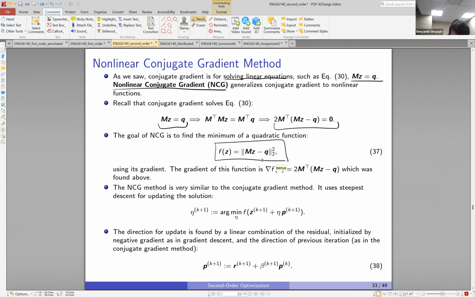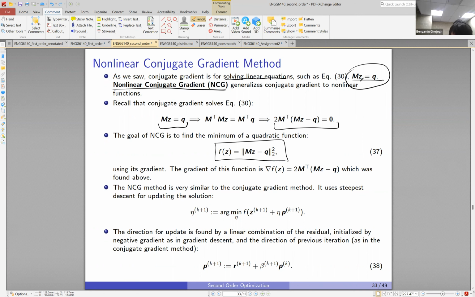So what we were doing in the linear conjugate gradient method was, we said, okay, let's find the solution to this linear system of equations using iterative optimization, right? And it's a linear method. However, the nonlinear conjugate gradient method has another approach.